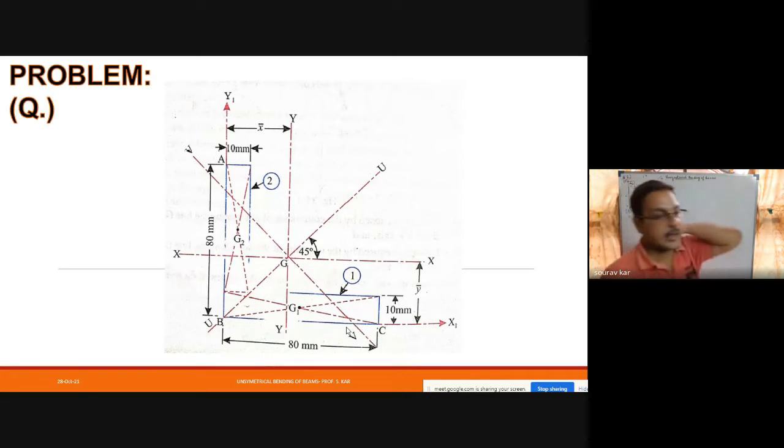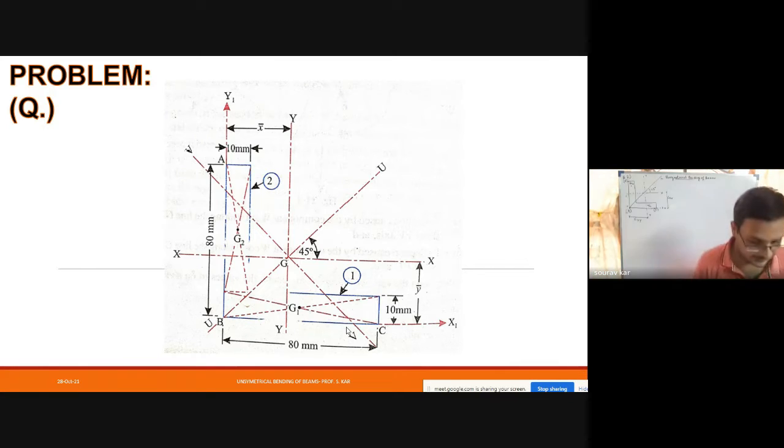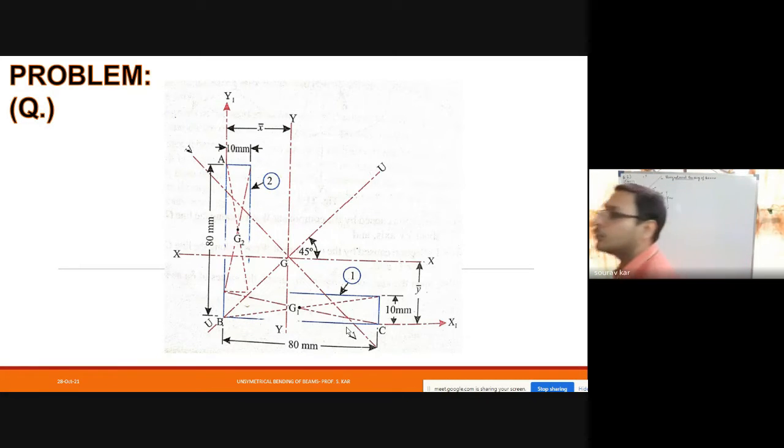The diagram is given properly. We have the equal angle section, 80 mm length and 80 mm. Both edges are 80 mm and the thickness is 10 mm.